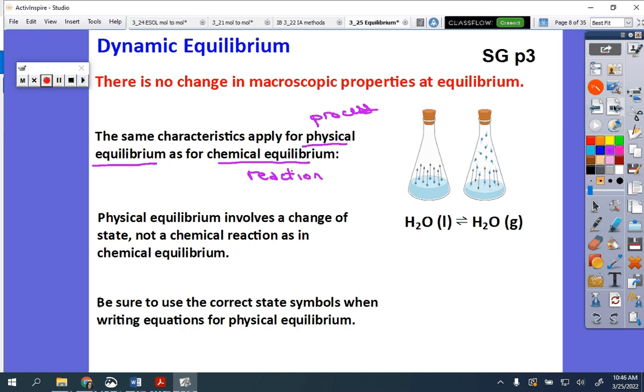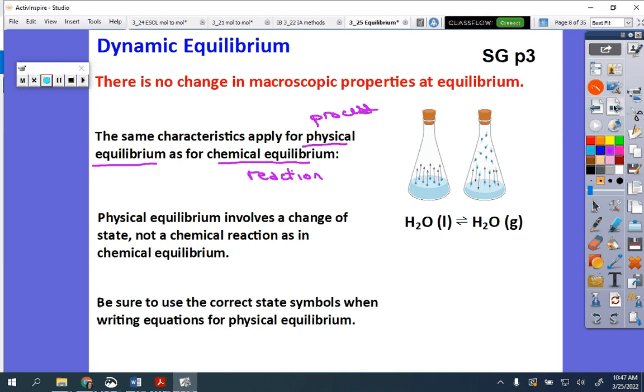So our liquid water is turning into water vapor, but that's a reversible process. And we can talk about the rate at which that process happens relative to the concentrations, et cetera. Okay. So again, we're not reacting anything here. The water is still water. It's just changing its state.